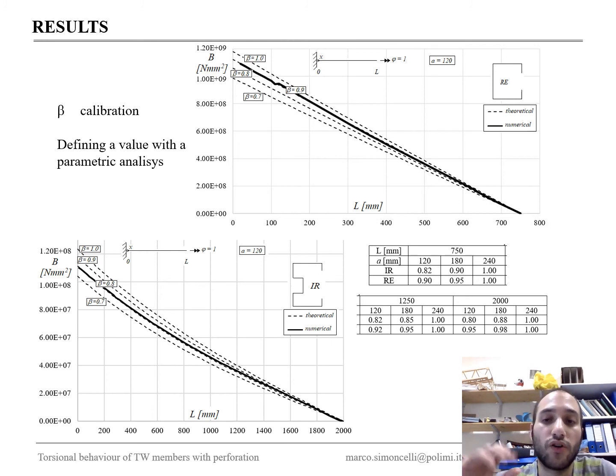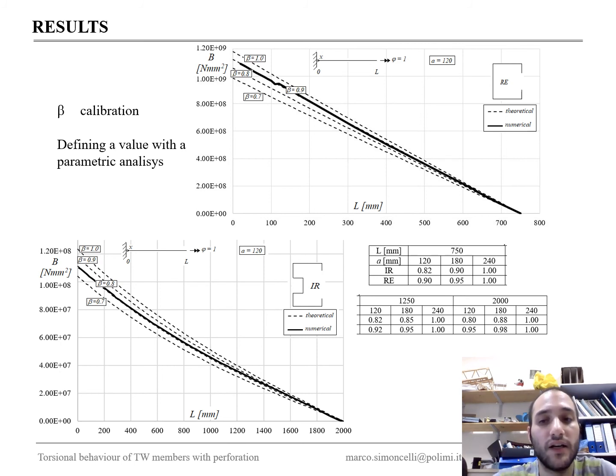So running Abaqus, this is the case of fixed end and unit torsion. Running Abaqus, we take out the stresses along the whole beam, integrate the stresses to obtain the bimoment, and we obtain the black solid line.